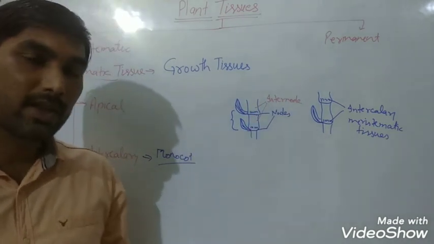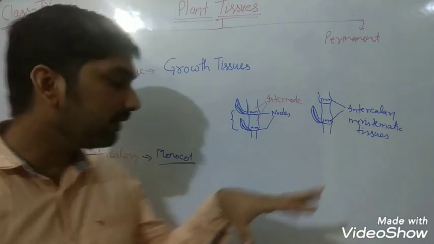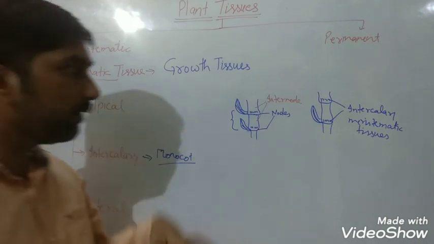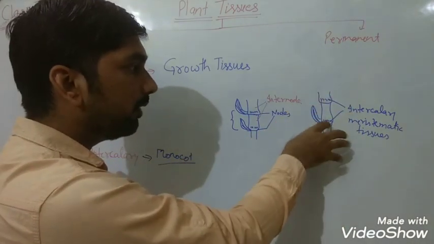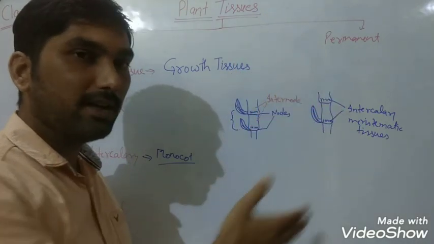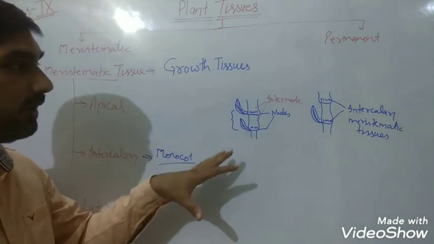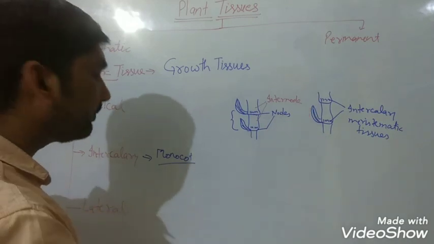Perhaps you have seen that when animals graze on grass, since grasses are from the monocot family, when the animals eat the upper part, from the base of the nodes the grasses grow again so that they can survive. So these are intercalary meristematic tissues, which are present at the base of the internode.